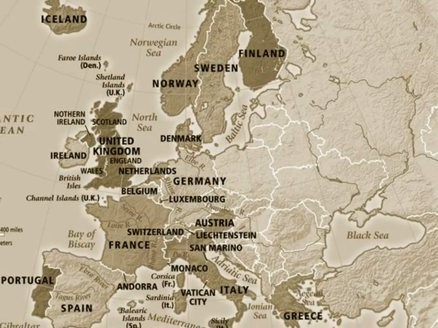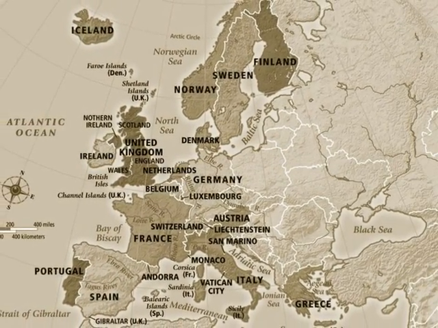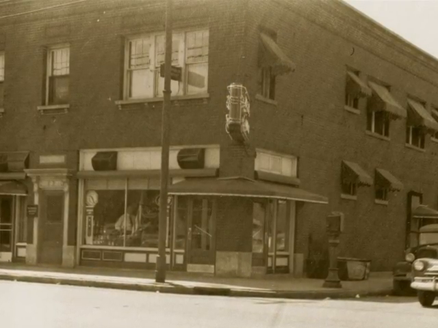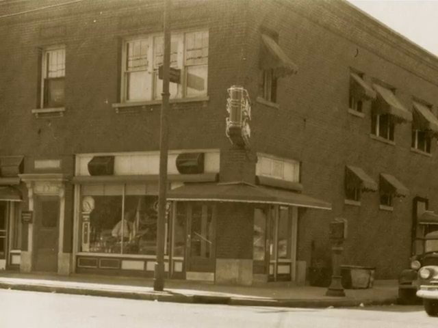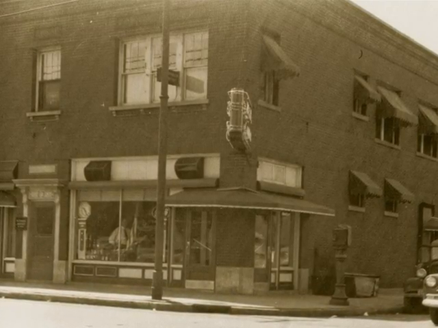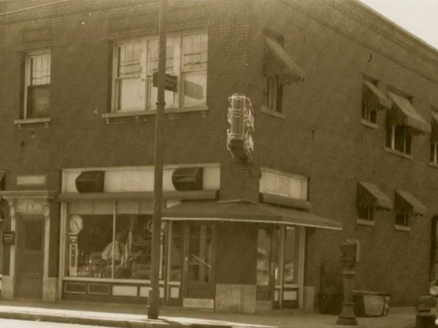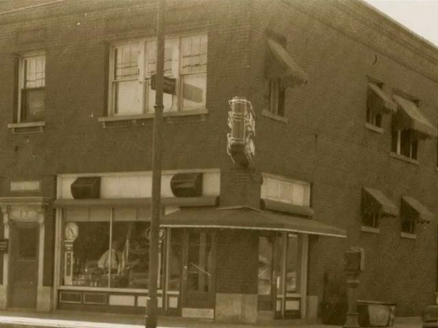This picture is a picture of Europe. This picture is of a corner store. Now I know that you guys are detectives and you can figure this out. Looking at the picture, what you might be able to tell about the time period from this picture?